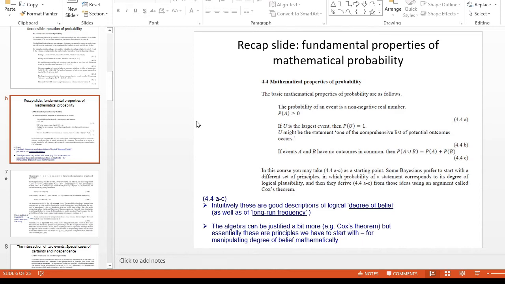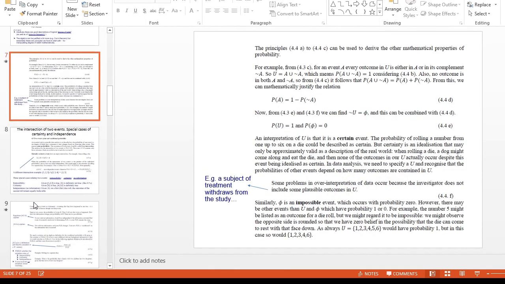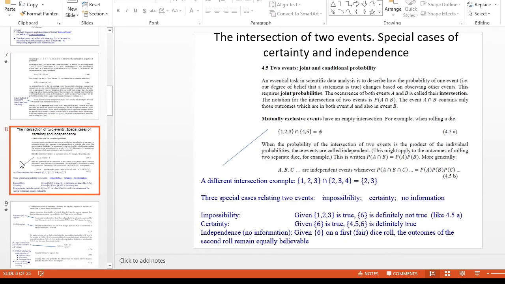Or we can do what Richard Cox does, and we can say, following his argument in the algebra of probable inference, if we believe certain statements have to be true about our degree of belief, then we think the following laws should also be true. Anyway, so you get the laws of probability, and we can do some manipulations with them based on the notation of probability. Great, so where do we get to?